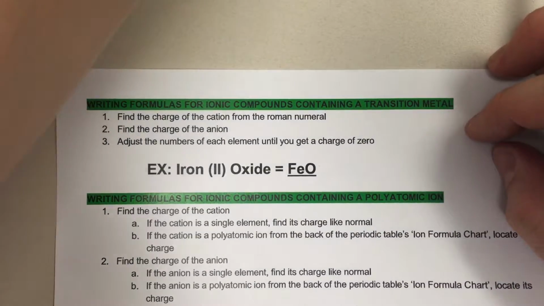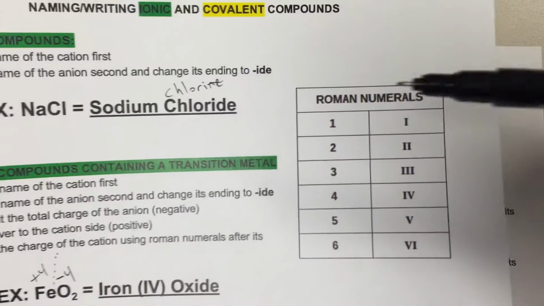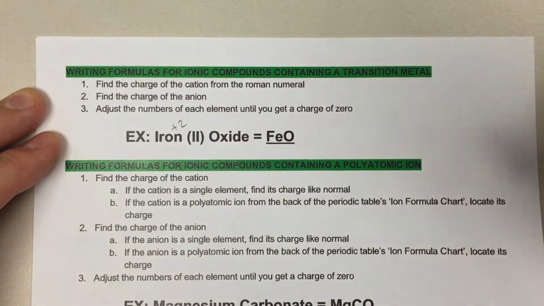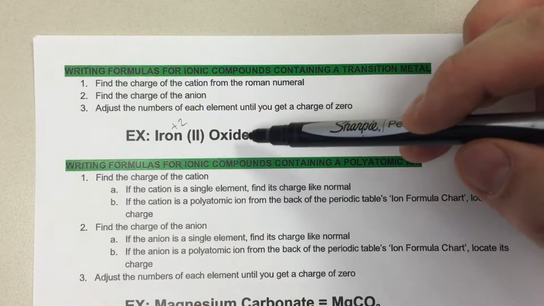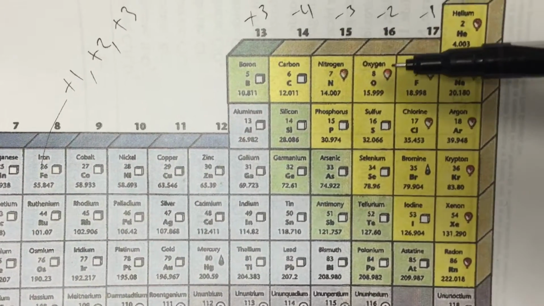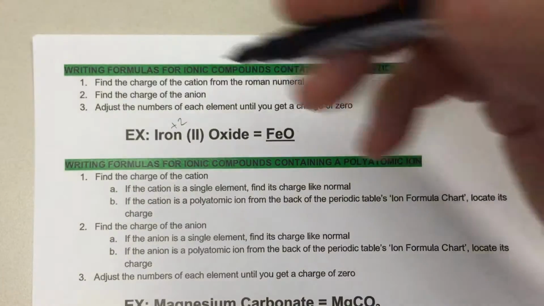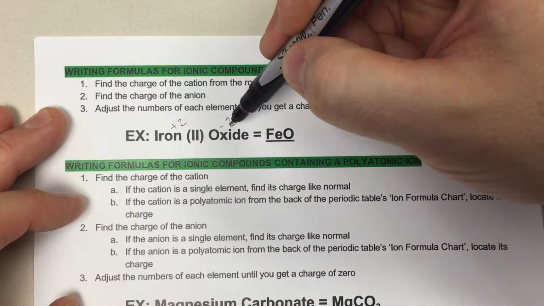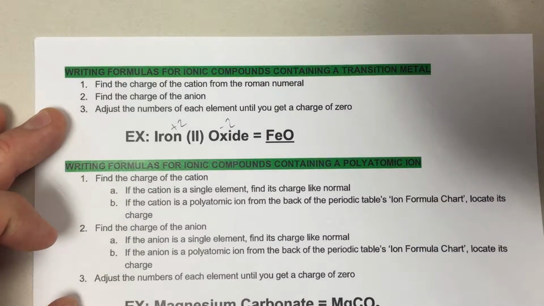And if you don't know your Roman numerals, it's 2 I's. So 2 I's is 2. Therefore, iron 2 has a charge of +2. Oxide means a single oxygen atom. That is right here. Oxygen has a charge of -2. Since +2 -2 equals 0, I only need 1 of each. Therefore, it's FeO.